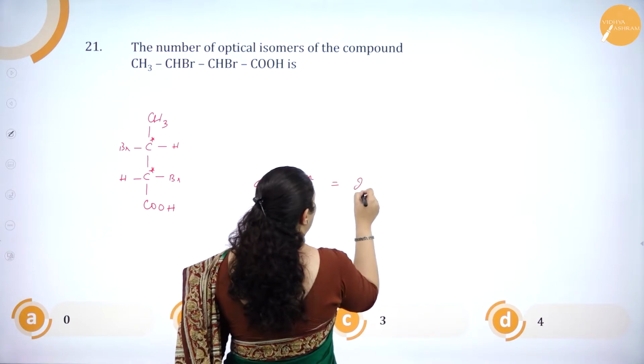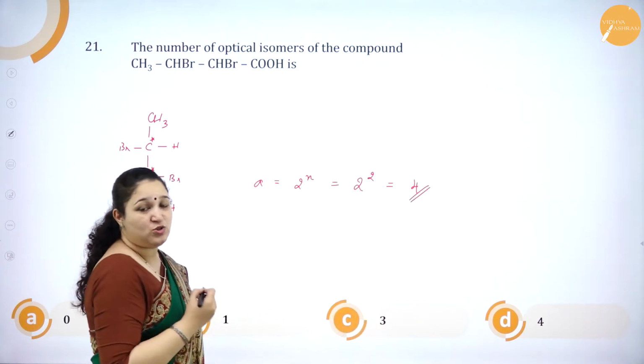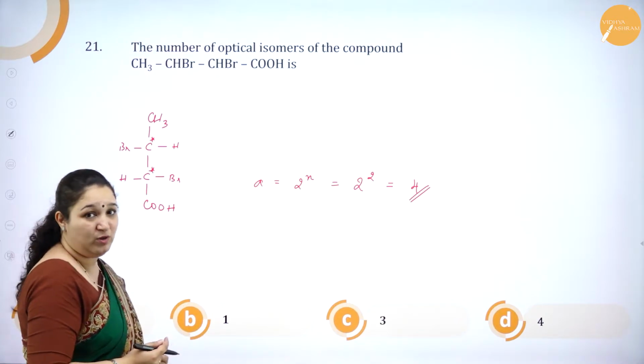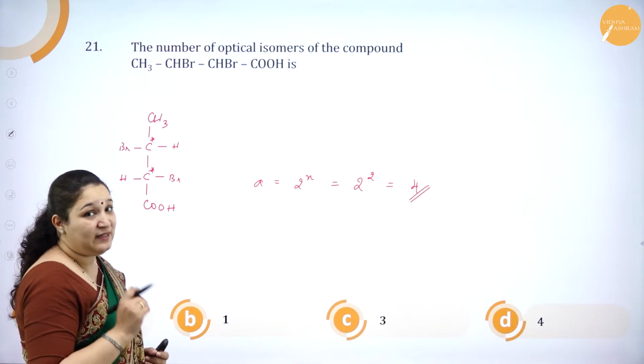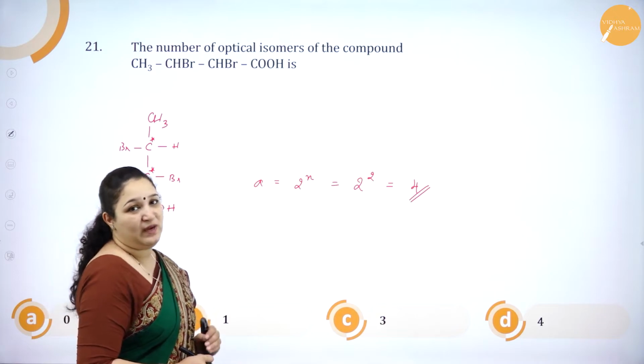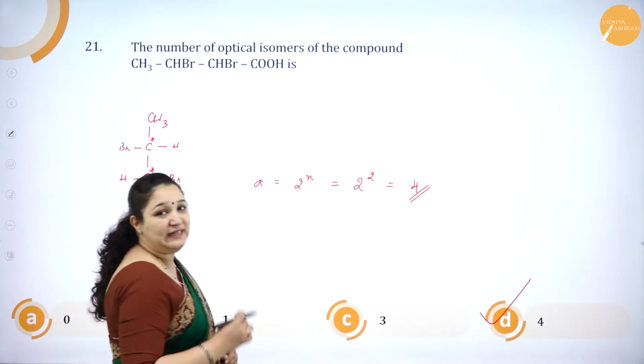So it is 2 to the power 2, that is 4. So we will get 4 optical isomers for this compound. But we need to take care that there is no plane of symmetry. As there is no plane of symmetry, we can go with the answer 4, that is option D.